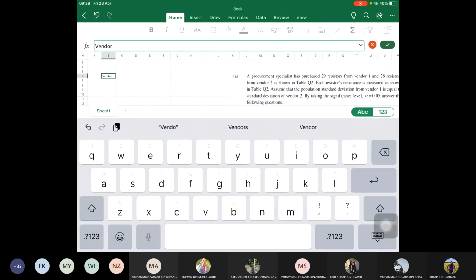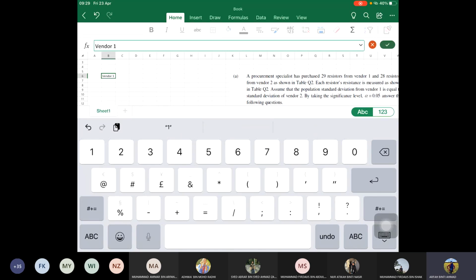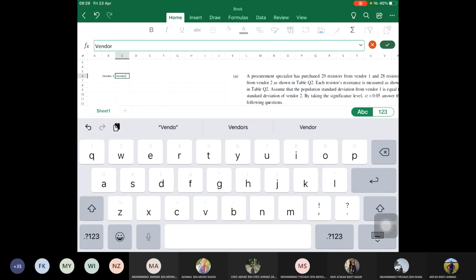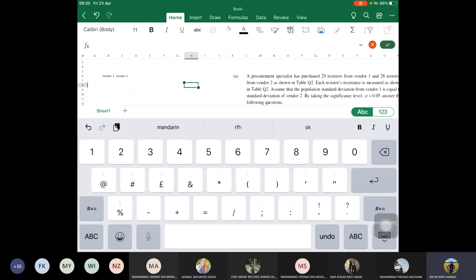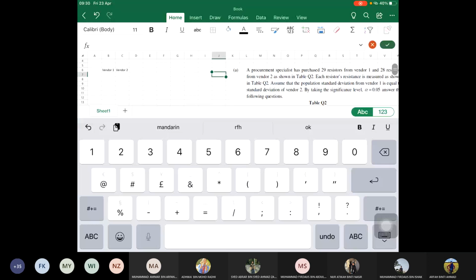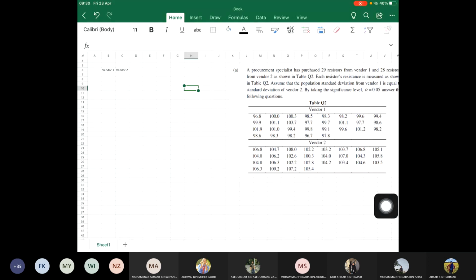So vendor 1. Okay, type vendor 1 and then type vendor 2. Semua boleh buka tak Excel? Boleh. Okay, so key in data. Okay, so 96.8.